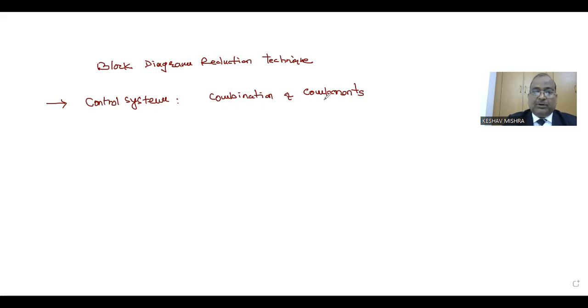The combination of components or various stages of a control system makes the overall system a complex system.